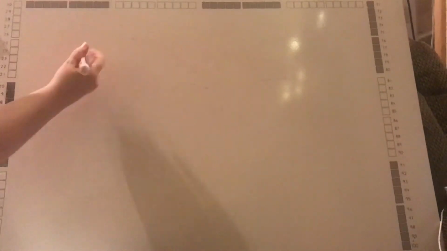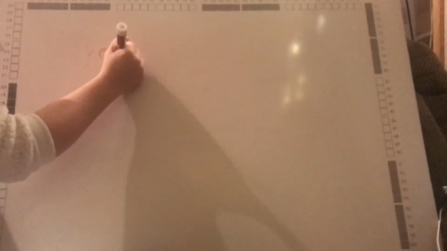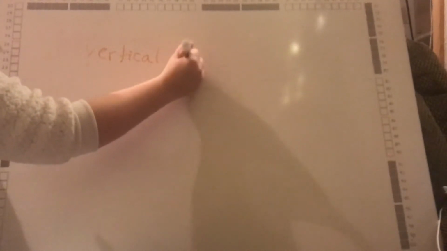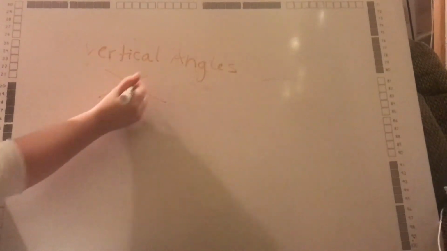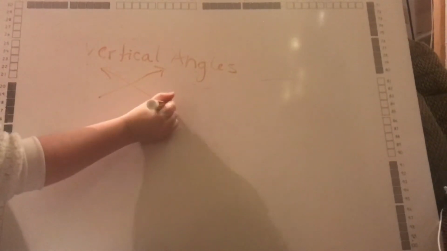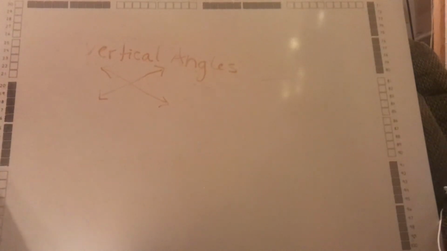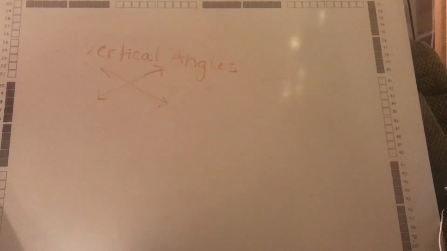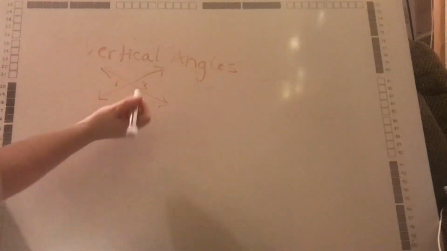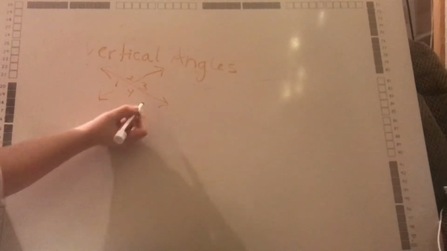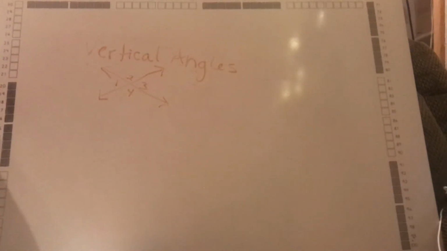The next one is vertical angles. Vertical angles are opposite angles formed by two intersecting lines. So if you have two lines like this, your vertical angles are going to be, if we label the rest of this 2, 4, they're going to be 1 and 3.